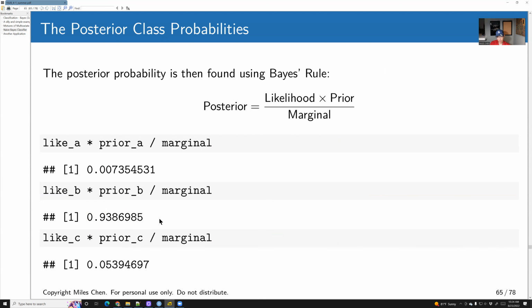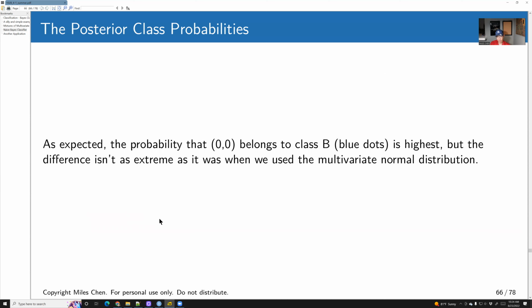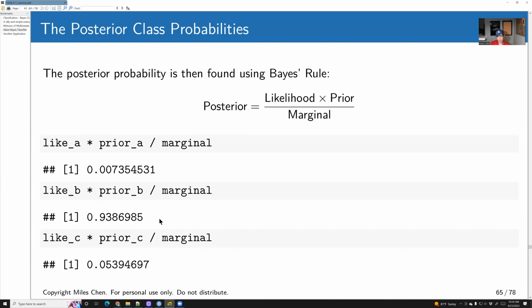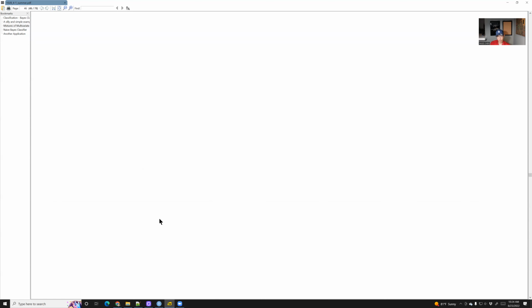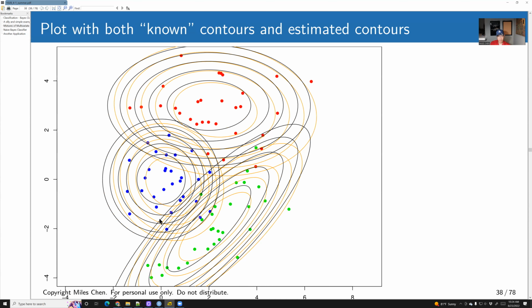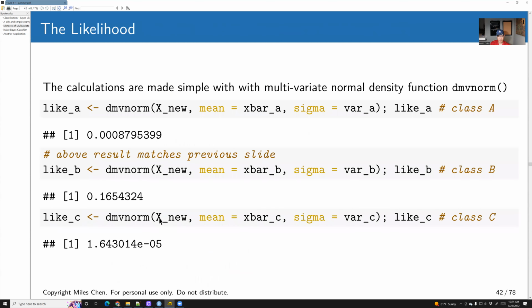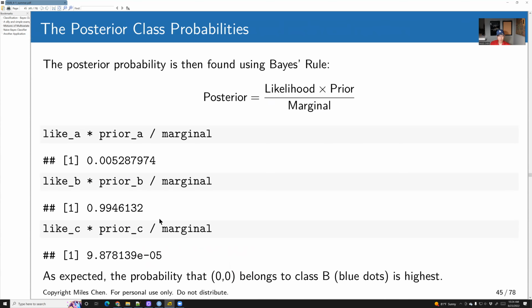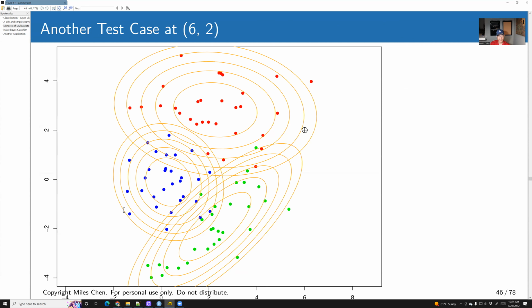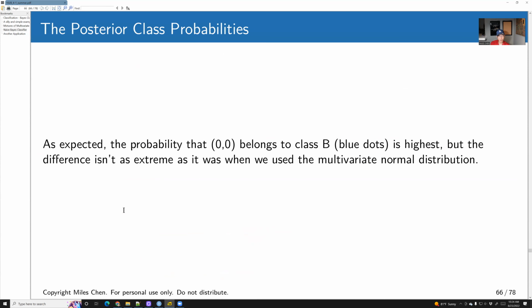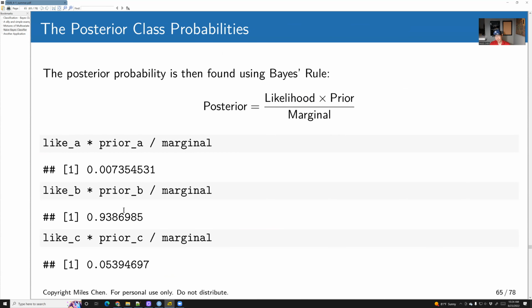But still, we would say class B wins. Class B is the highest, versus, I think way back here, we got the answer to be like 99%, and now it's 94%. So something similar, but a little bit different. That's the naive Bayes classifier then.